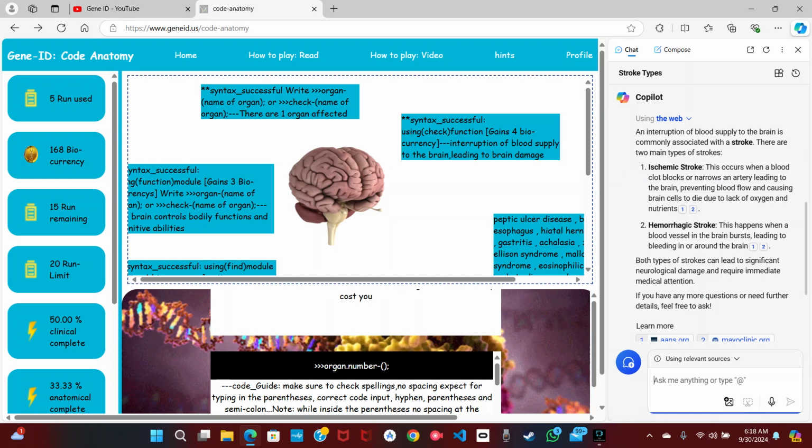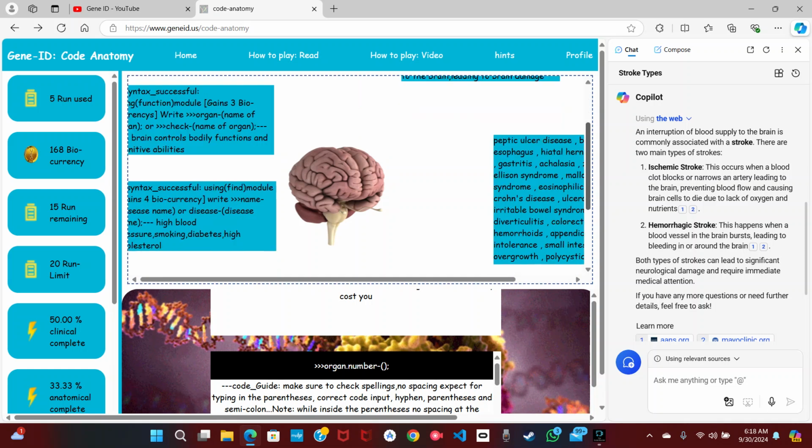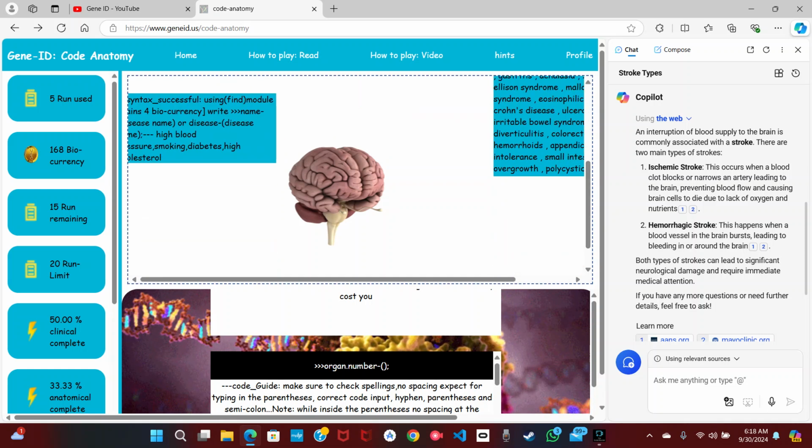Okay, but let's see if we can find this wording on the disease names. Let's see if that's what yields the result. Okay, so I'm seeing something similar.